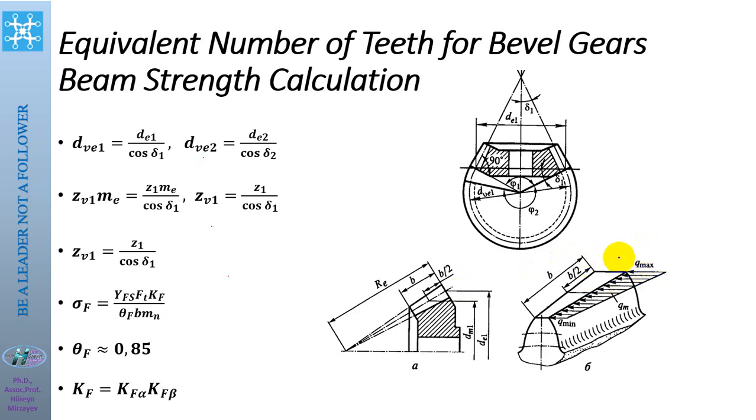All parameters on this figure, I think, are clear. q maximum is the distribution load.